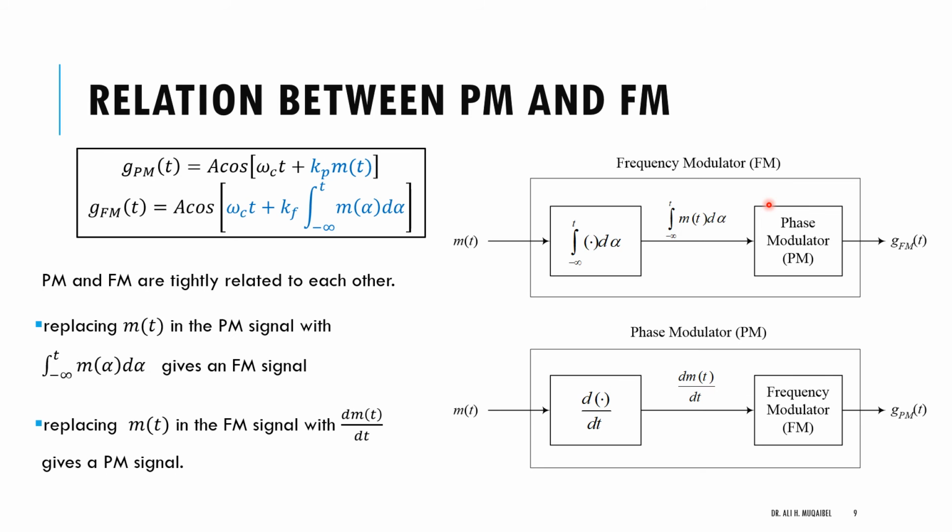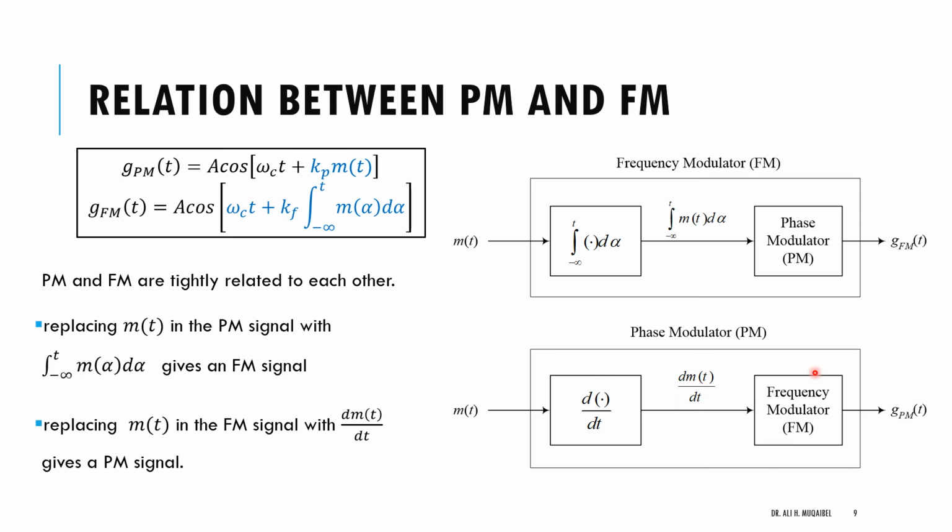Look at this block diagram. What we have here is a phase modulator. If you give the message, you give the PM. If we add an integrator before that, then the integrator plus a phase modulator are equivalent to a frequency modulator. So if you start with the message, you integrate, use a PM modulator, you get an FM signal.